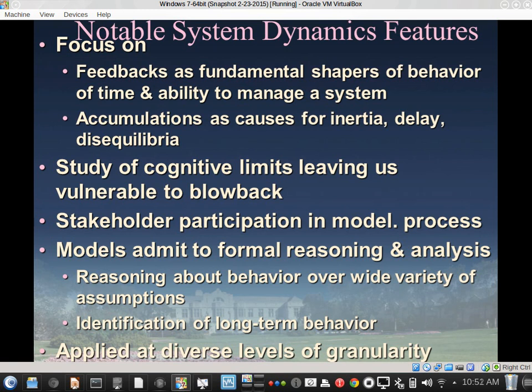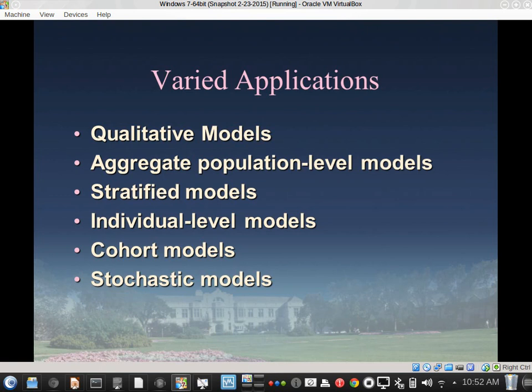System dynamics has traditionally emphasized stakeholder participation within the modeling process, a big emphasis in my work for many reasons we'll talk about this afternoon. But the models do admit to formal reasoning analysis. This is not loosey-goosey modeling that's just rough and ready sketches of things. This has actually got a lot of rigor to it. And it can be applied at different levels of granularity, at modeling at the level of individuals and their relationships, or modeling at the level of a population.